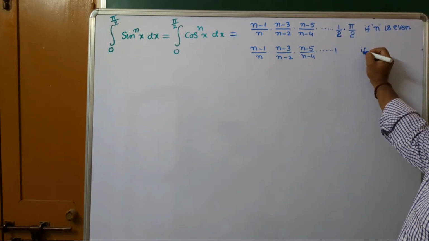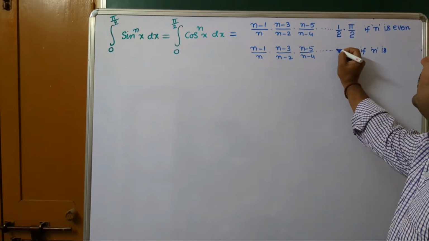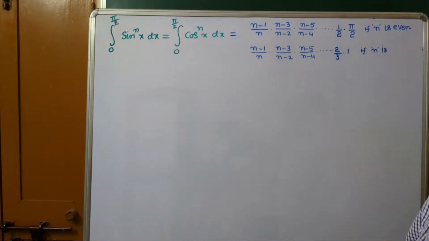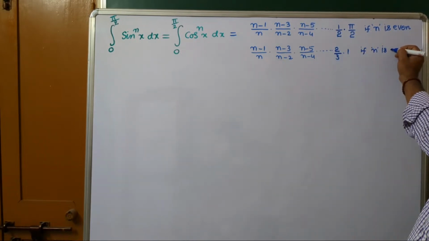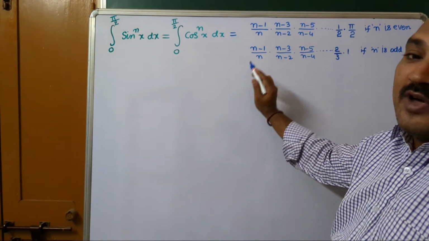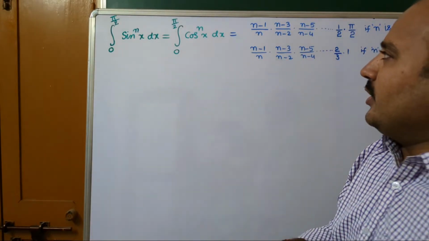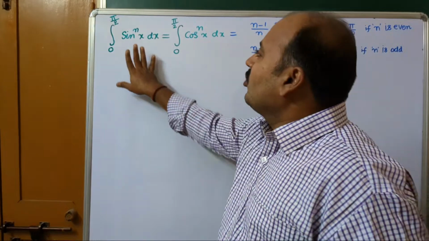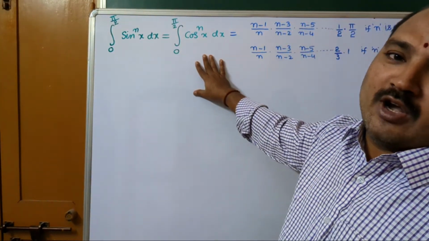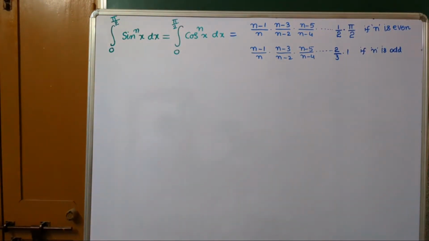Sorry, here 2 by 3 will come, not 1; 2 by 3 comes, and in the next term 1 will come. So these are the two important cases: whenever n is even, whenever it is odd. By using this formula, for n even or odd, I will explain two examples here.